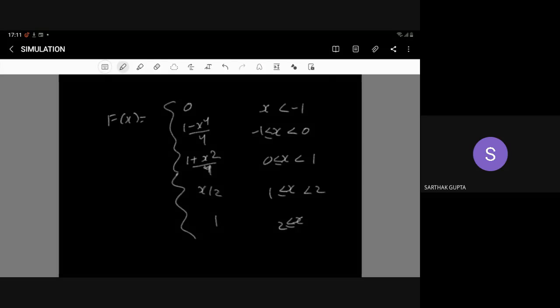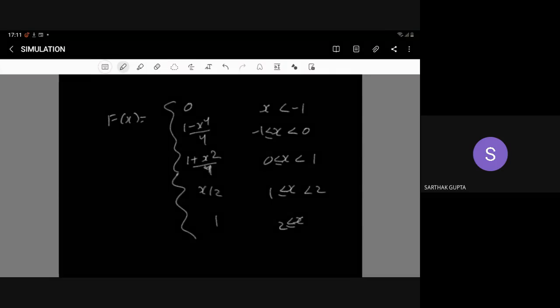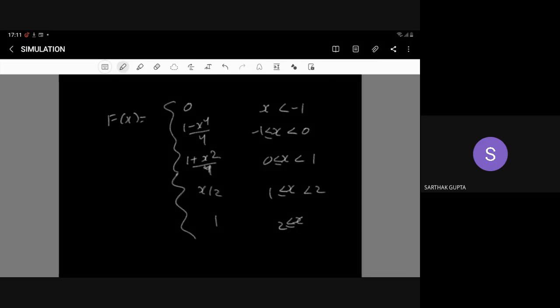So here we have 0, here we have 1, and here we have 1 by 4, and here 1 by 2, and at this place we consider the numbers u1, u2, up to un.